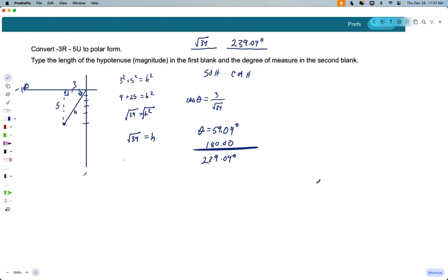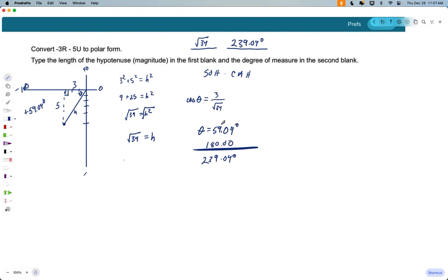Sorry if I confused you at all, but even though this is only 59.04, we have to measure from the x-axis at the 0 degree. So 0, 90, 180, plus another 59.04 degrees takes us all the way around the full sweep of our Cartesian coordinate system, which is 239.04 degrees. So don't forget that step.